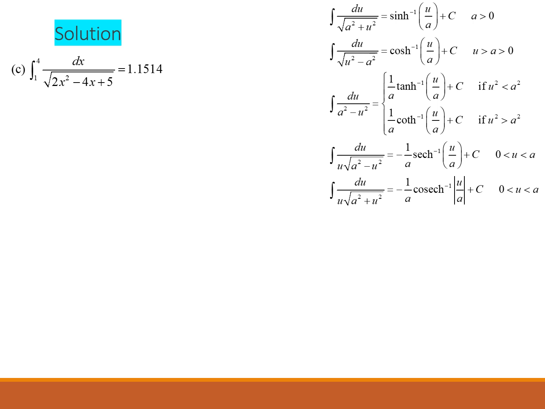For question C, the evaluation of the integration of dx over square root of 2x squared minus 4x plus 5, given the limits from 1 to 4, will give you this answer: 1.1514.